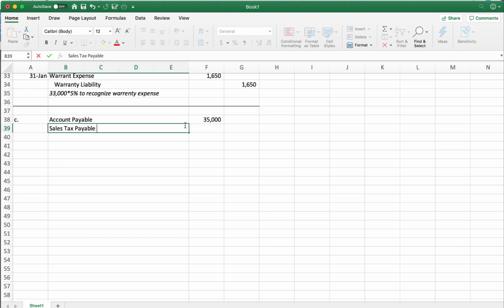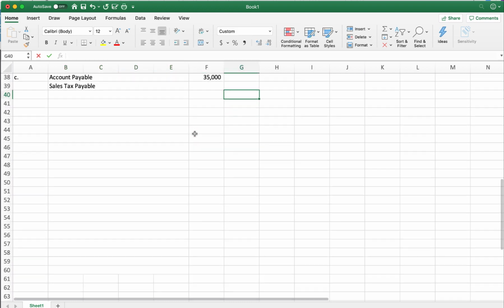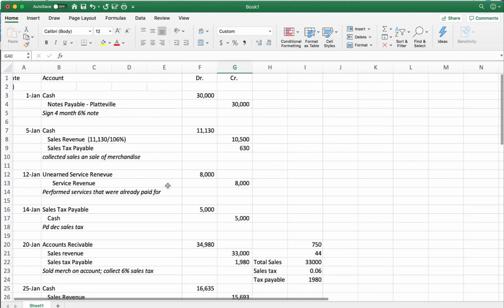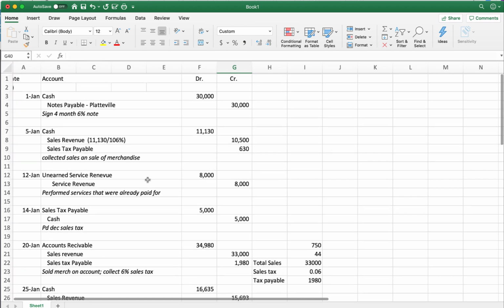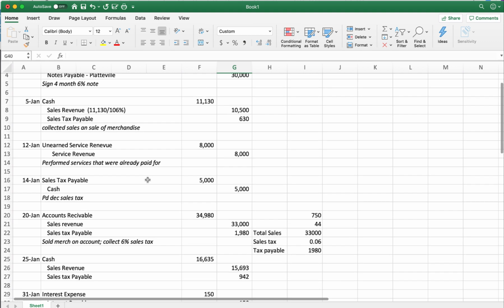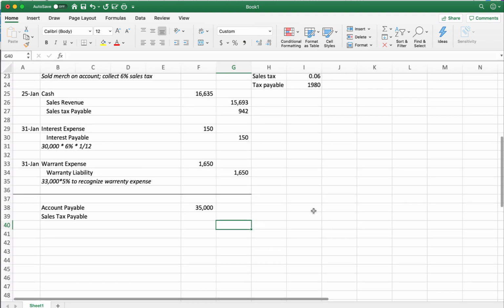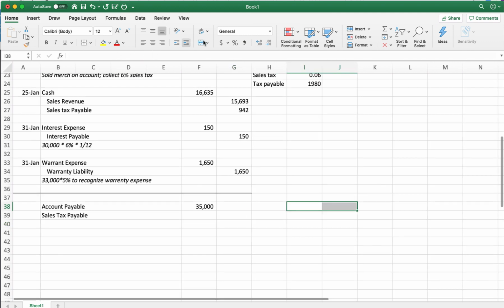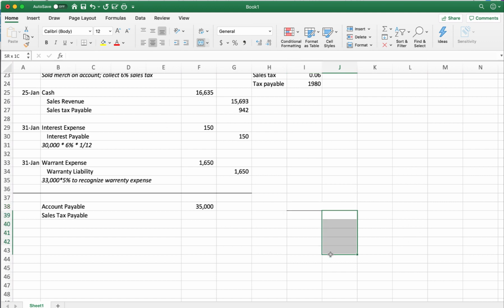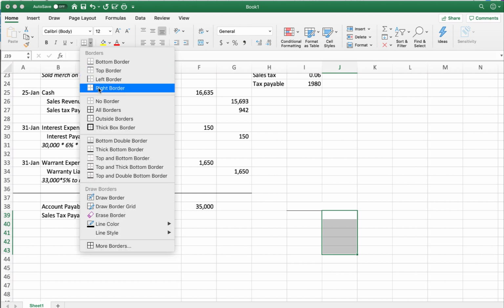Or we can just look at our journal entries that we did and find out if there's anything that affects sales tax payable. Okay, so I'm just going to go ahead and create the T account. Reason why, we all know it's sexy. We love T accounts. And it makes it easier for us to determine the value of the account.